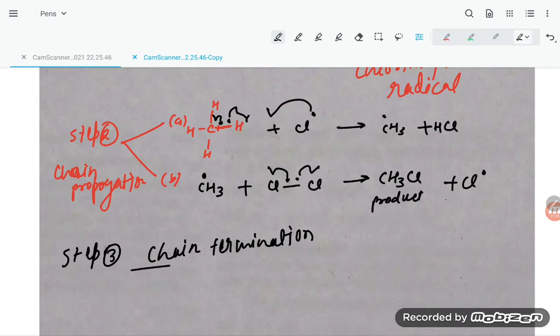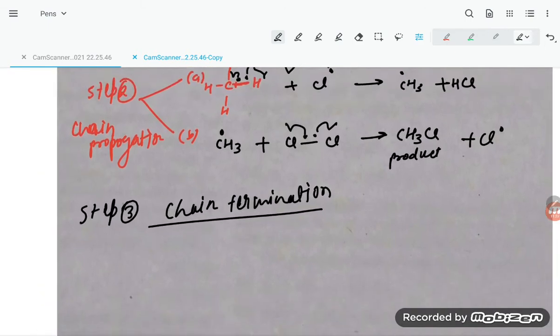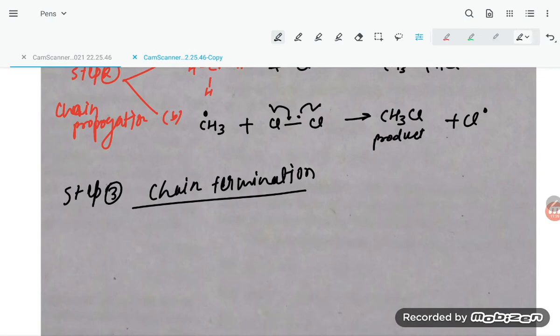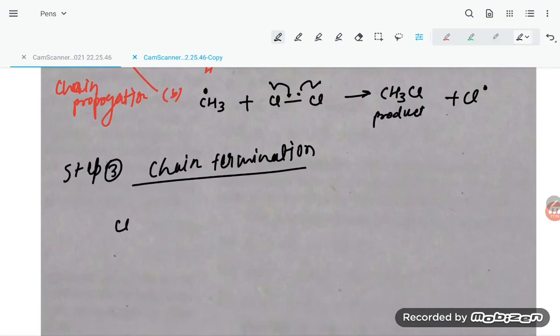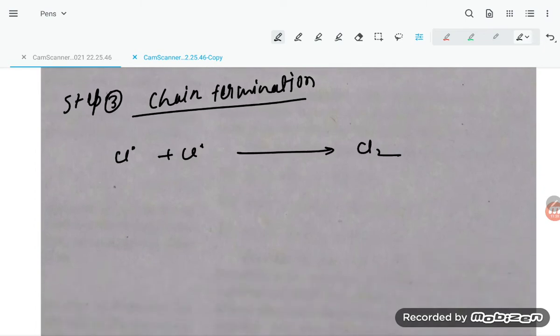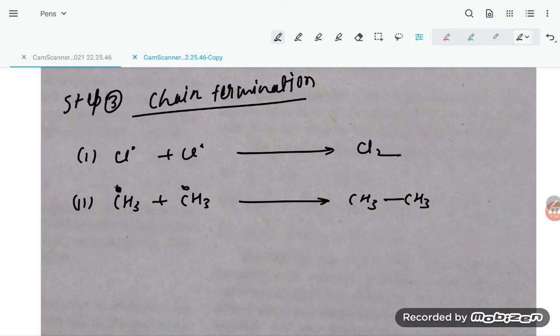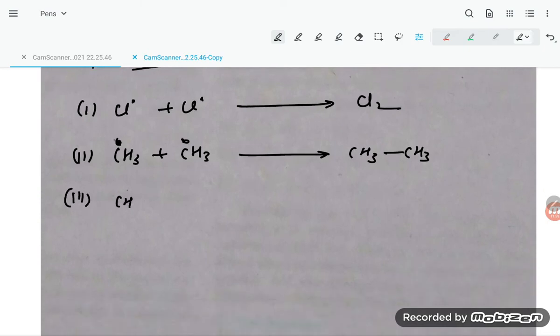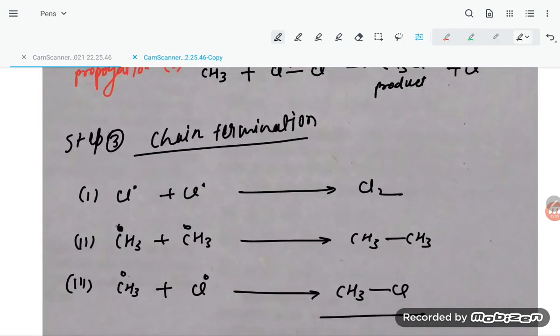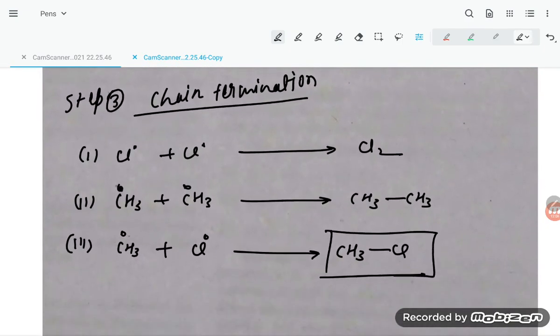In chain termination, two free radicals combine to give a product. Suppose one Cl free radical combines with another Cl free radical, it gives Cl2. In the second case, the CH3 free radical plus the CH3 free radical combine to give ethane. The third possibility is the CH3 free radical combining with the Cl free radical to give CH3Cl. So this is our mechanism, and the major product is this chloromethane.